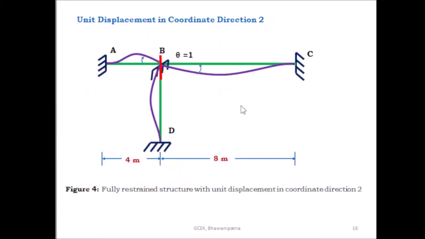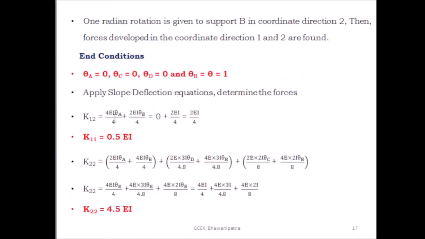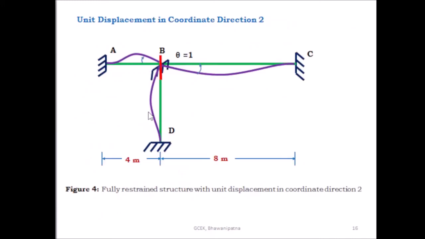First you find out the force at coordinate 1 due to the unit displacement at coordinate 2, K12. K12 is equal to 4EI theta A by 4 plus 2EI theta B by 4. But here theta A is equal to 0 and theta B is equal to 1.